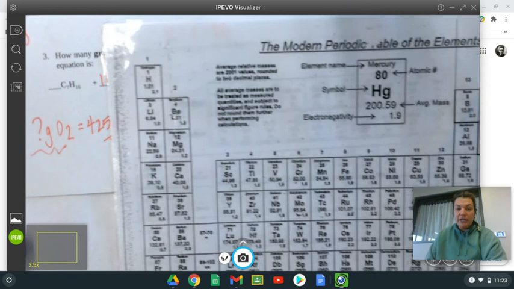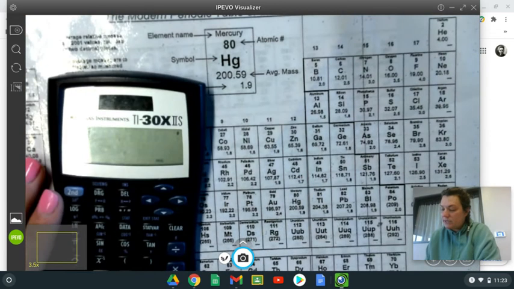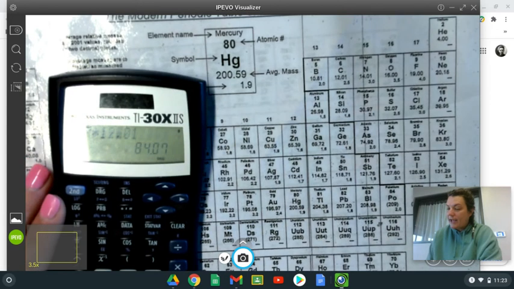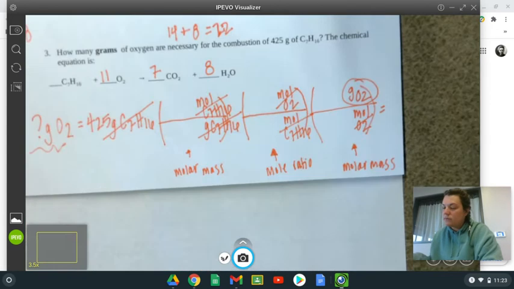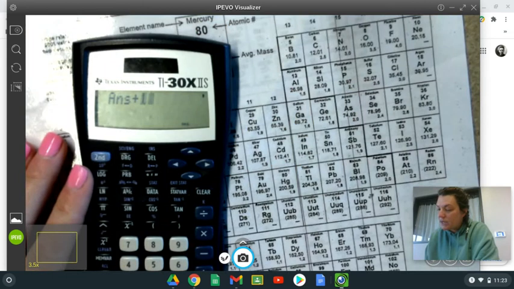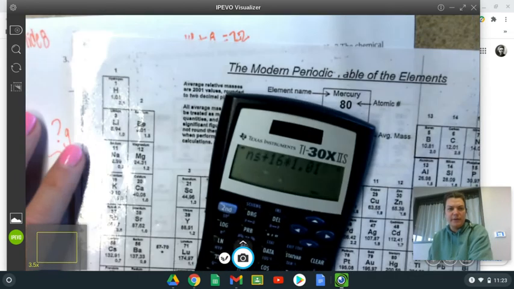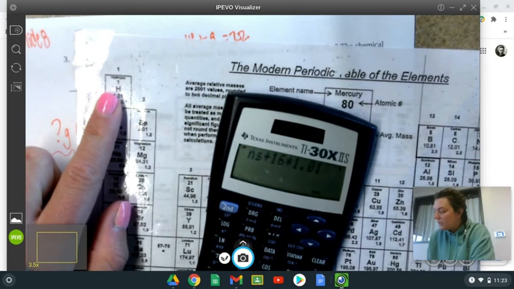So I'm going to look here. Carbon weighs 12.01. So on my calculator, I'm going to go 7 times 12.01 plus I had 16 hydrogens, so plus 16 times 1.01, because that's how much hydrogen weighs, which you can't see because there's a glare, 1.01, equals.